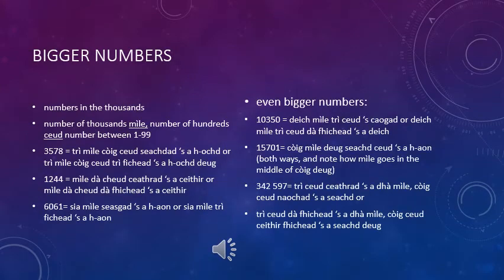But what about bigger numbers? So numbers in the thousands. How you make those is you do your number of thousands plus the word míle, then your number of hundreds plus the word ciat, then your number between 1 and 99.